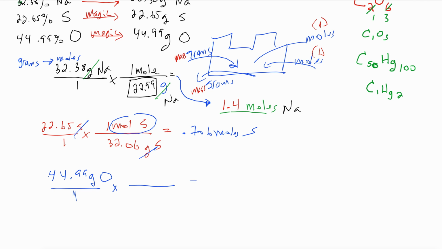Oh, is that your final answer, you're saying? All right, what number did you put down here? All right, 16 grams of oxygen and 1 mole of oxygen. And then you're saying 44.99 divided by 16? 2.8. Okay, one more step, then we're done.